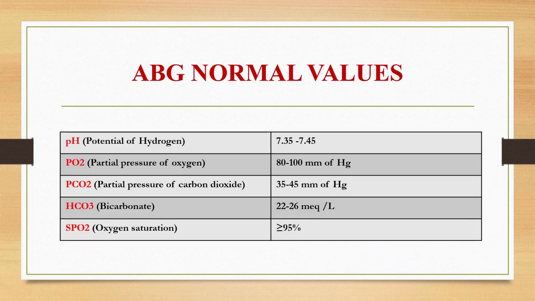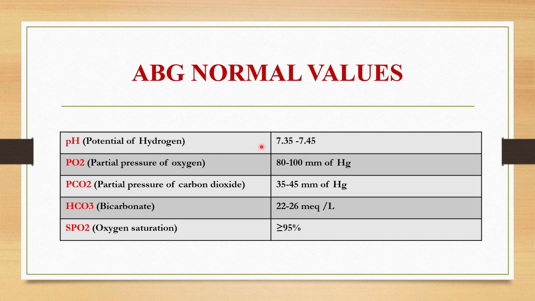In order to interpret an ABG, we should know these normal values: pH, PO2, PCO2, bicarbonate, and oxygen saturation. pH is potential of hydrogen. pH is a measure of hydrogen ion concentration.